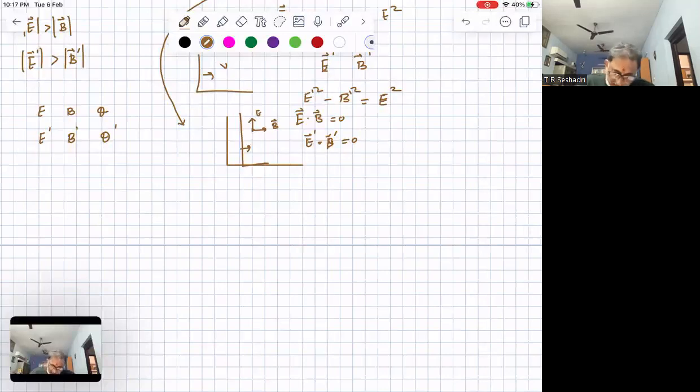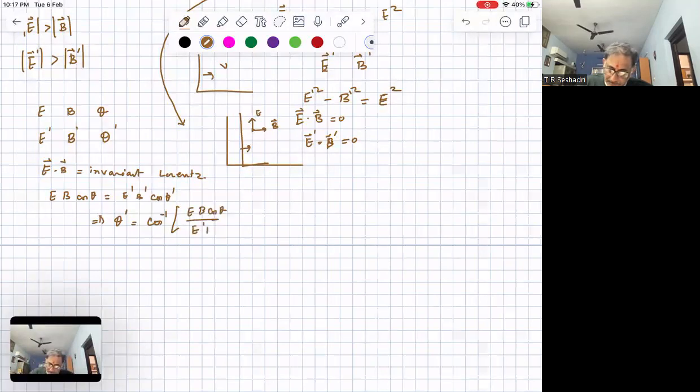It's very easy to calculate. Since E dot B is invariant under Lorentz transformation, I have E B cos theta equal to E prime B prime cos theta prime, which means theta prime is equal to cos inverse of E B cos theta by E prime B prime.